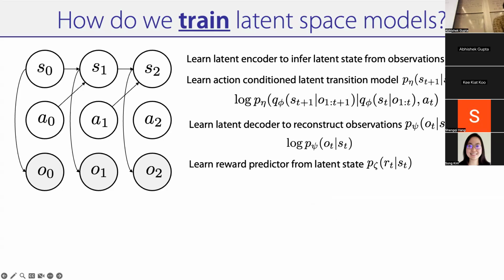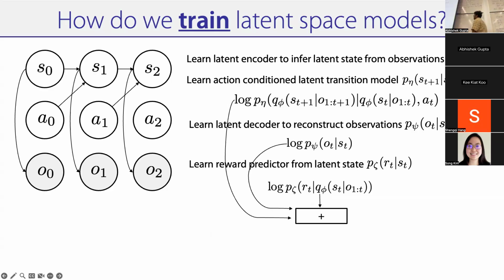So typically with these kinds of models where you're doing reconstruction, you're reconstructing observations from states, reconstructing pixels. You are going to use them as a training objective, but at inference time, you're not going to do reconstruction, right? So at training time, you're going to combine these different objectives.